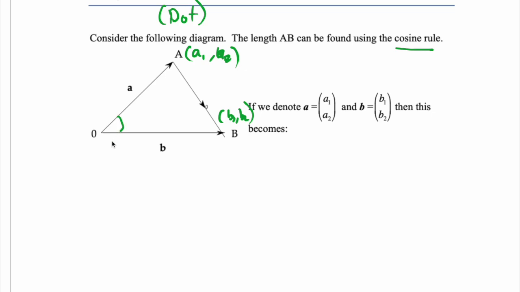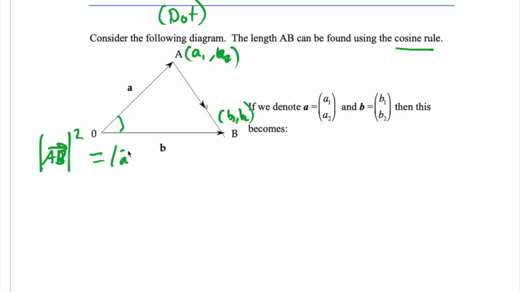So look at this angle and we want to use the cosine rule. Then we have this side squared, AB, so it's a vector, so the magnitude of the vector is magnitude squared. So it's just the cosine rule, right?